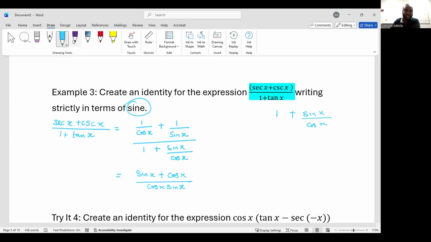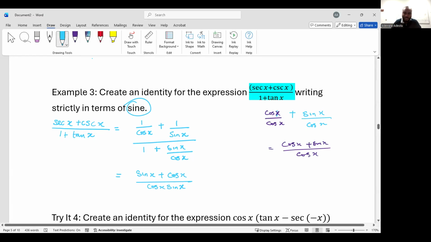Well, I can rewrite this part as cosine of x divided by cosine of x. I want them to have the same denominator, and that will be cosine of x plus sine of x divided by cosine of x, right? I hope that makes sense.